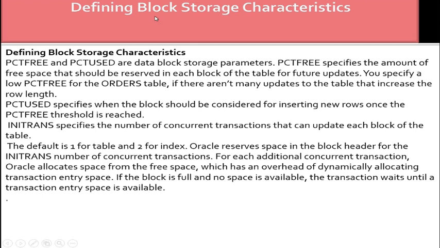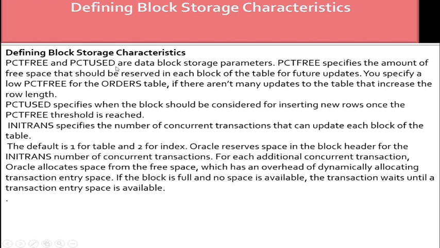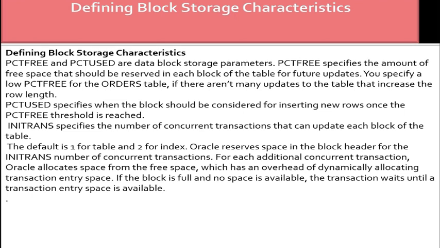Defining block storage characteristics. PCTFREE and PCTUSED are data block storage parameters. PCTFREE specifies the amount of free space that should be reserved in each block of the table for future updates.